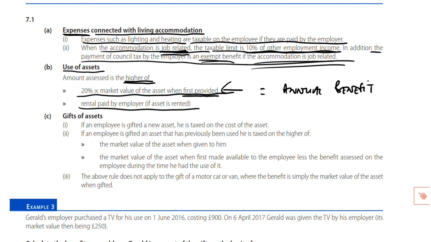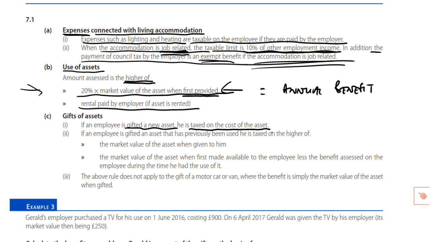They don't want it on the company's books, they sell it off to the employee. So, situation. If an employee is gifted a new asset, so we haven't gone through this situation of company-owned asset being made available for private use, it is bought by the company and immediately gifted to the individual, then of course the individual will be taxed on the cost of the asset.